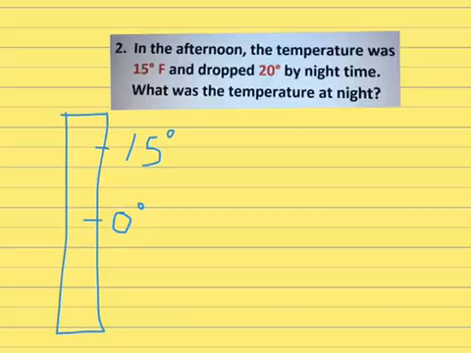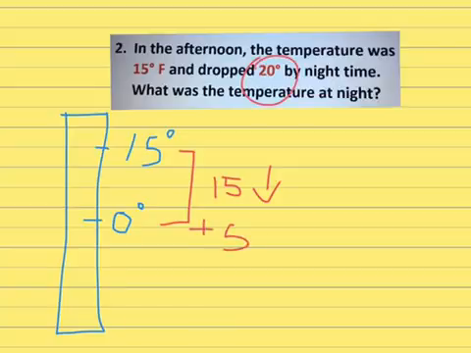Let's see. So if I start at 15 and then I drop 20, well, just to get to 0, that is going down 15 degrees. So I still need to get to 20 degrees, so I need to drop another 5 degrees. So I'm going to go below 0, 5 degrees. So actually, I will land at negative 5 degrees on our thermometer.